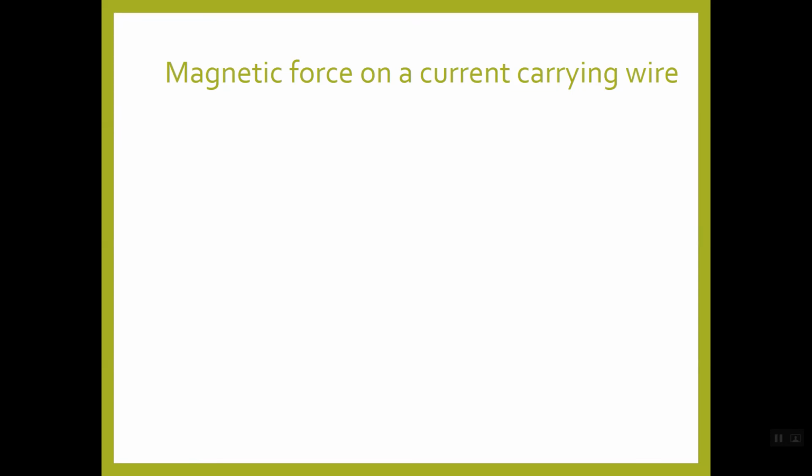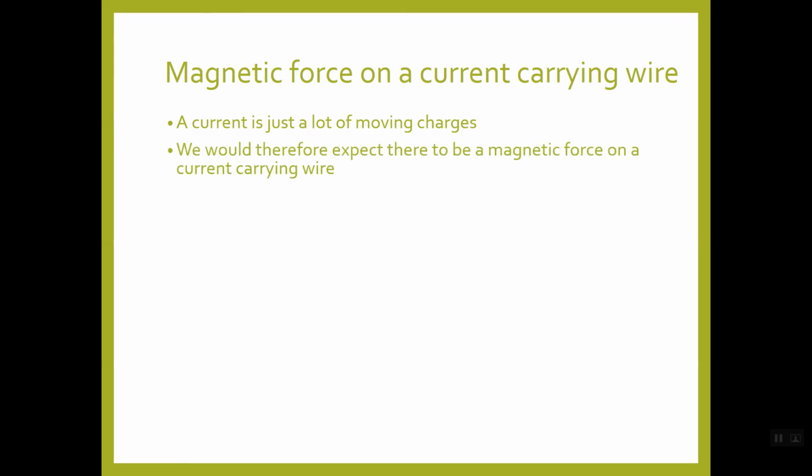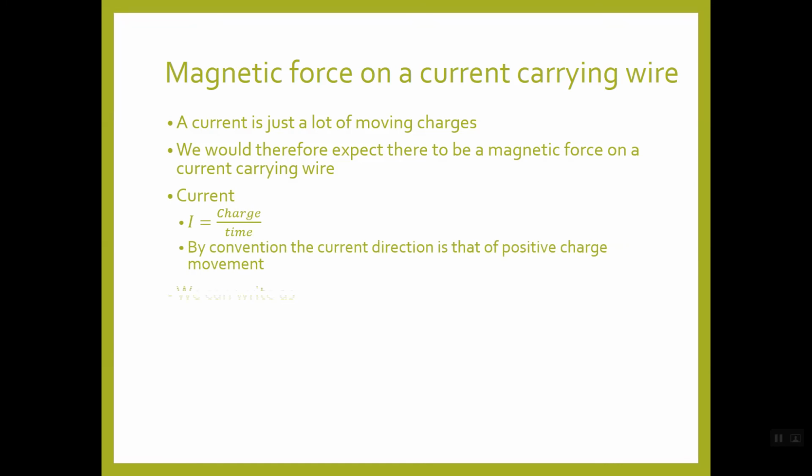Now we're going to look at the magnetic force on a current carrying wire. So a current is just a lot of moving charges, so we would therefore expect there to be a magnetic force on a current carrying wire. Current, as we know, is charge over time. And by convention, the current direction is that of a positive charge movement.